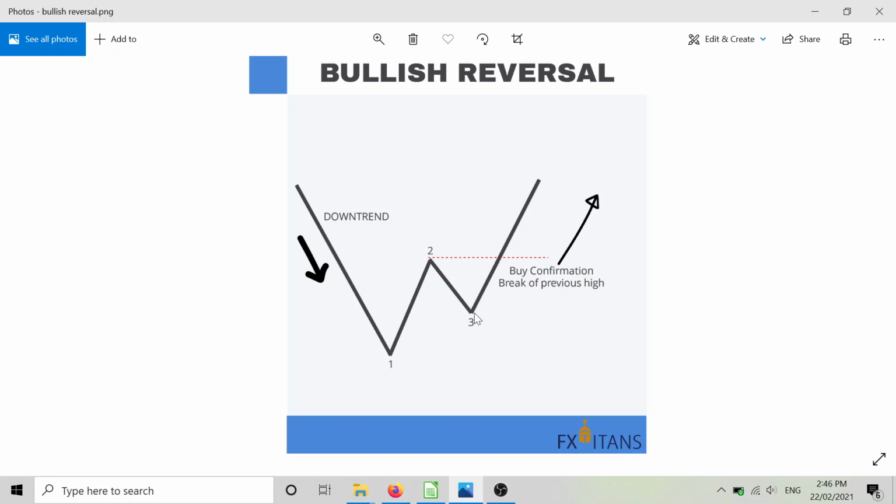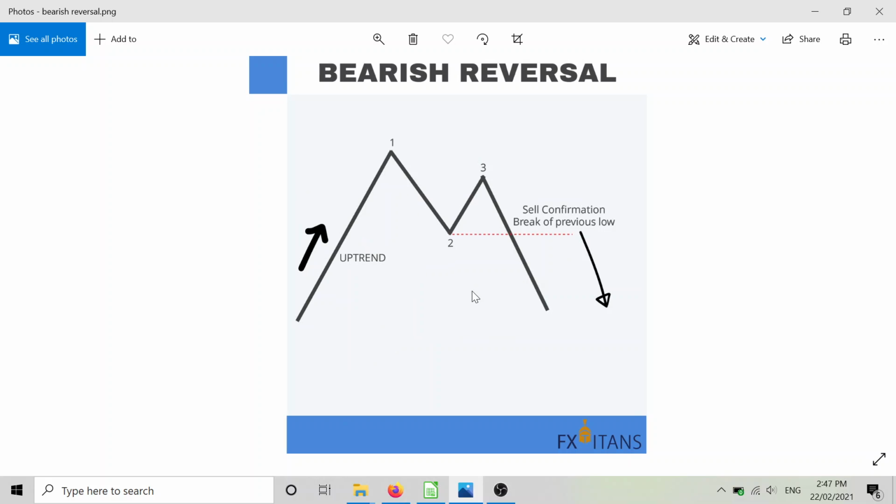When it reaches point number 3, it goes higher, right? And if it breaks the high, or point number 2, that's basically our confirmation to go long, or to buy that particular pair.